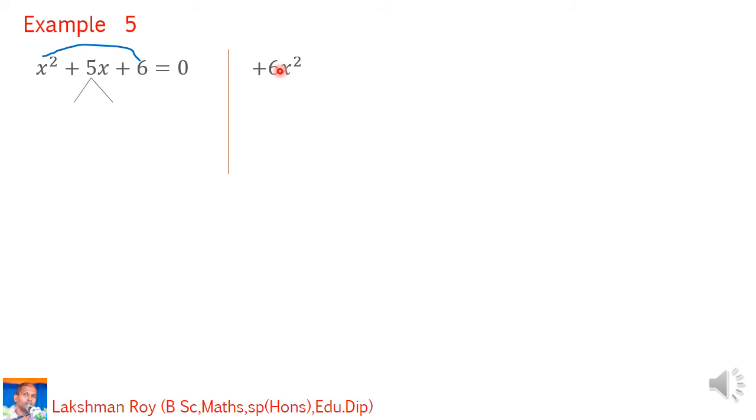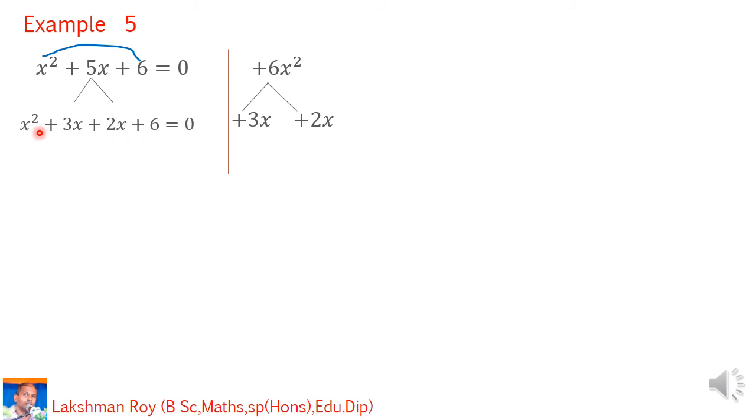How to write? You can write the product 3x into 2x, right? You can see 3 into 2 is 6, x into x is x square, both positive. Now what happens if you add these two terms, 3x and 2x? You should get the middle term 5x, right? Positive 3x, positive 2x, if you add you get 5x. These are the two terms you have to separate. Now x square is there, 5x we write as 3x and 2x, and 6 is there.